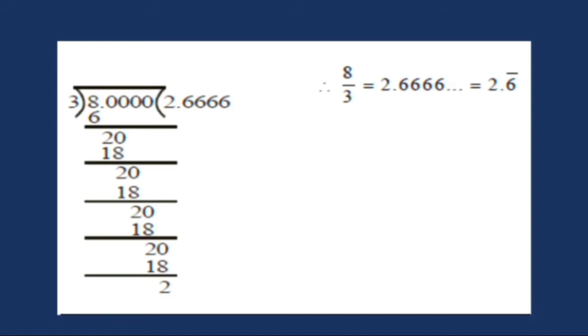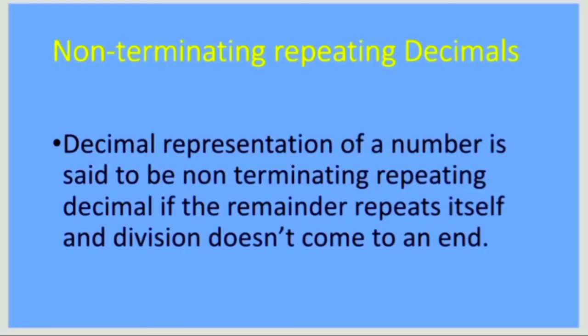As you can see, the division is never coming to an end and the remainder starts to repeat itself after some steps. Such decimals are called non-terminating repeating decimals or non-terminating recurring decimals. Recurring or repeating means the same.